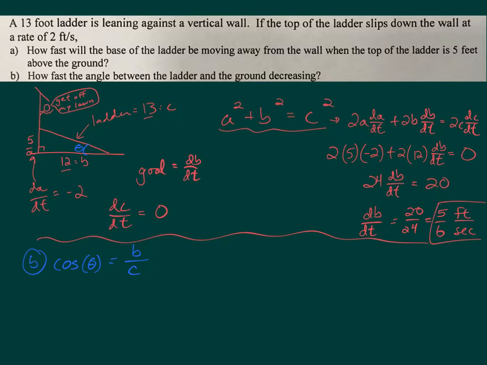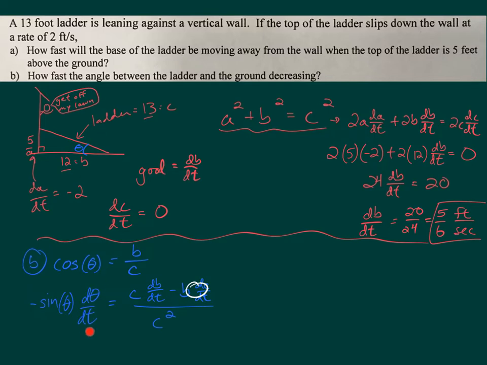So when we run through this derivative of the quotient really quickly, we will get the denominator times the derivative of the numerator minus the numerator times the derivative of the denominator, all over the denominator squared. This entire second term is 0 because dC/dt that's here is 0. 0 times anything is 0. So we just have to worry about this side. And on the left side of this equation, we have a negative sine of theta d theta/dt.